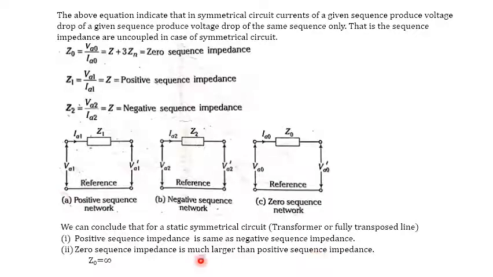If it is not connected to the neutral, Z0 will become infinite. That is the meaning. That's why the neutral plays an important role when we are dealing with the zero sequence impedance, meaning the zero sequence values of the voltage and the current.